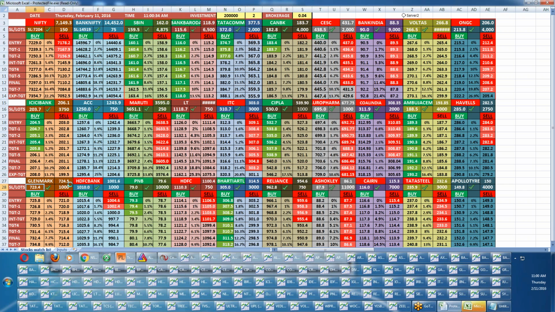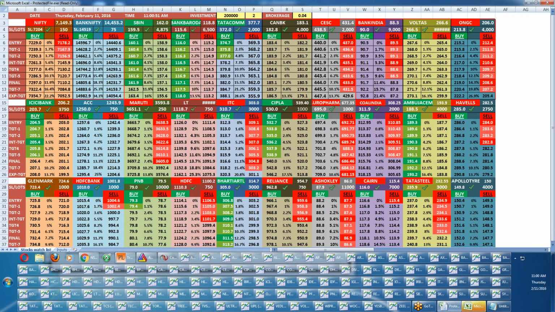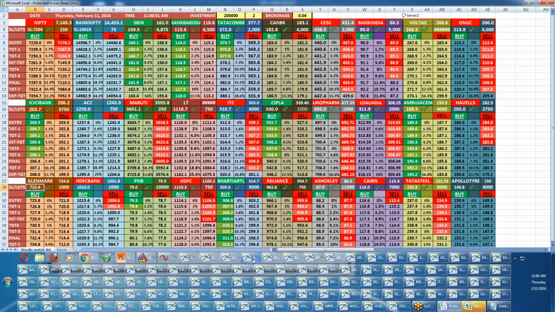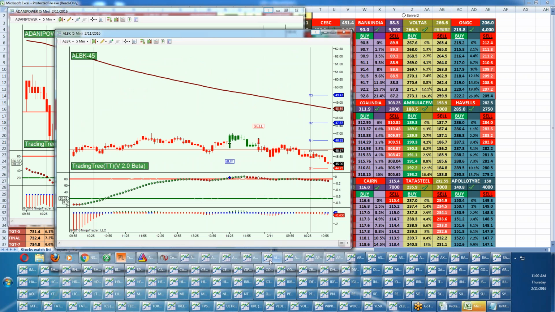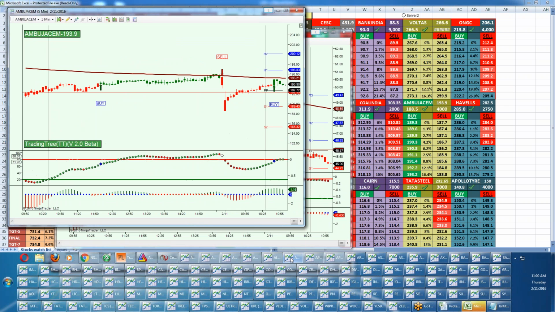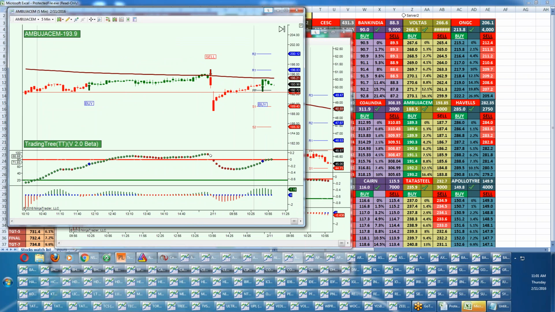So you have a buying opportunity here in Glenmark at 725, and now the current price is 724. Ambuja is not able to break this resistance, so now it's down.